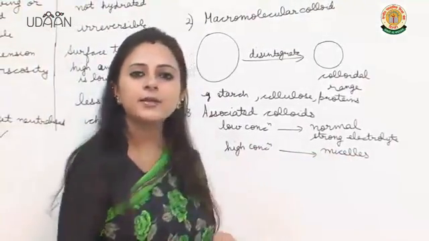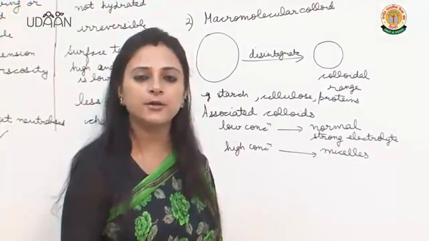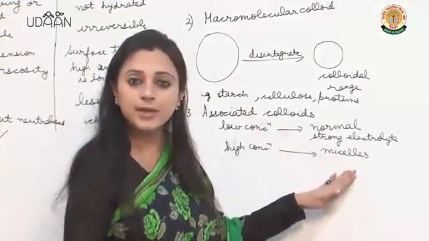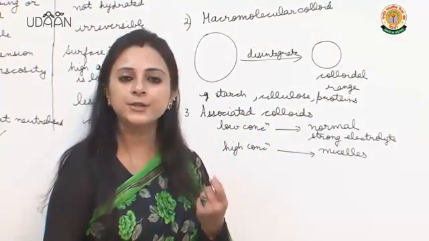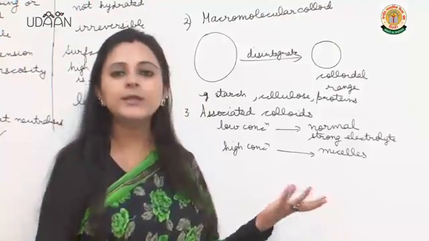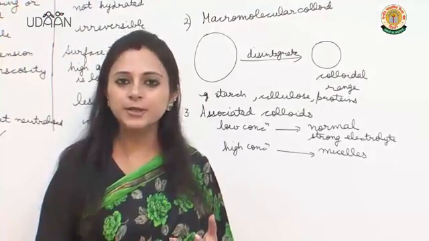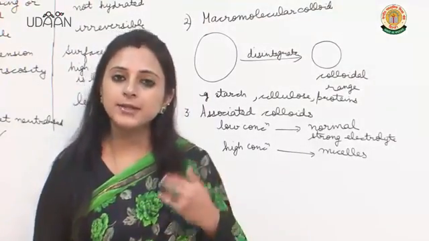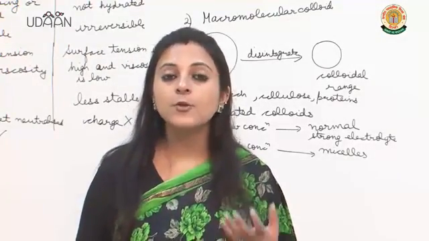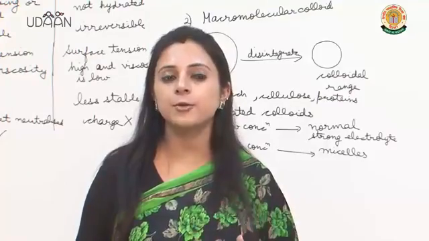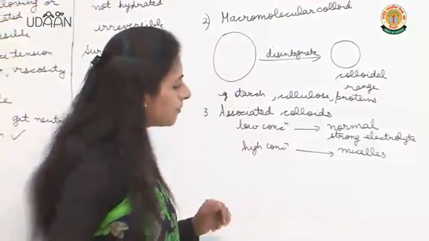They are known as associated colloids, and these micelles are used in soaps and detergents. We have a cleansing action of soap and detergents, and we can understand it by formation of micelles. So this is how soap and detergents clean clothes, by formation of micelles.